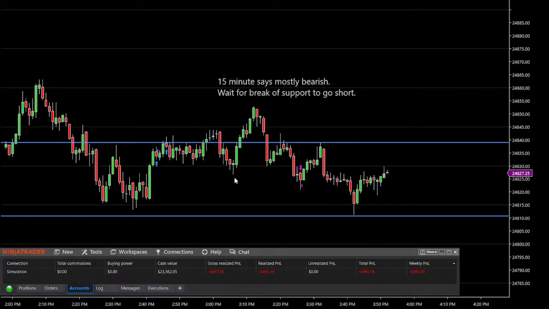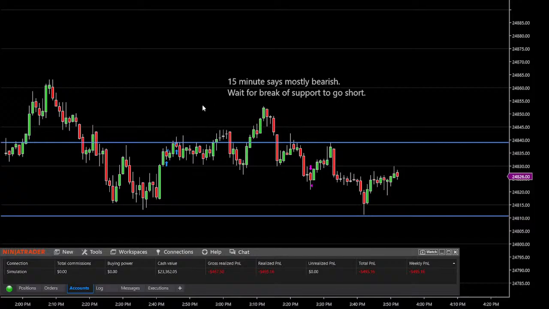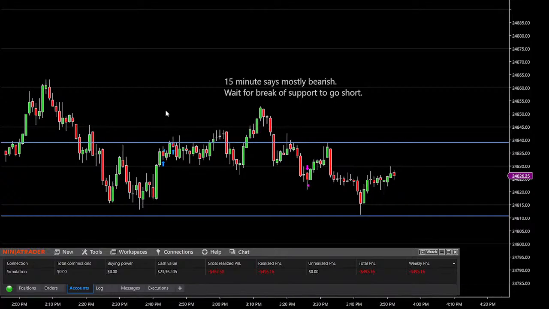So I'd be like, oh, it would have been good to go long here and get there, or it would have been good to go short there to there. Rather, just thinking, well, the 15-minute whole thing is showing a lot more bearishness, so I barely have to think about going long at all. Just focus on where the short moves are. When the short move presents itself, then I'll take that.